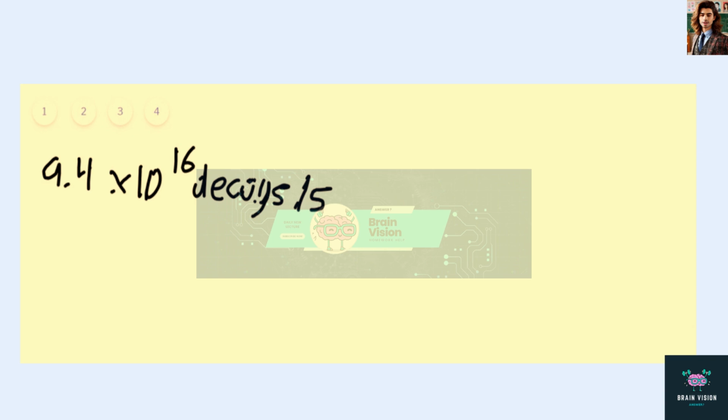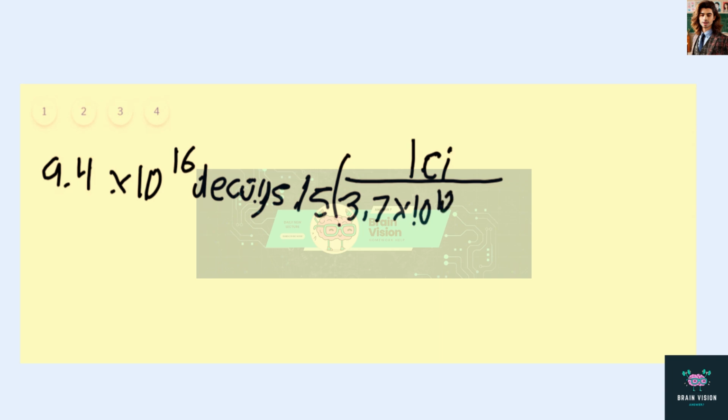And we are asked to give it in curies, so we need to convert. My pen is acting a little weird, I apologize. Okay, so we're converting to curies, and 1 curie is equal to 3.7 times 10 to the 10th decays per second.